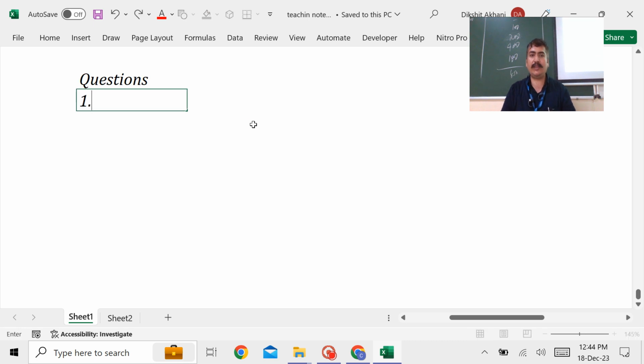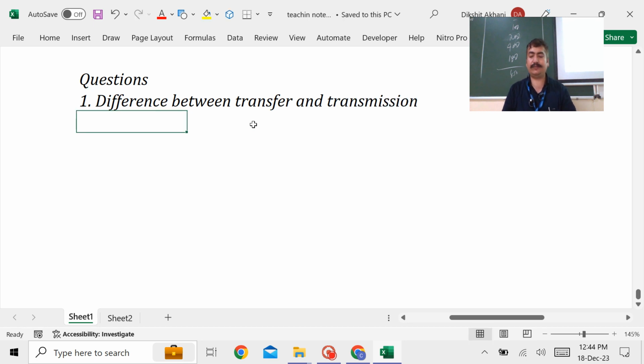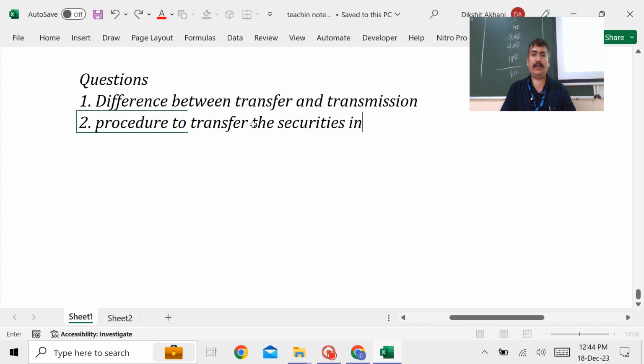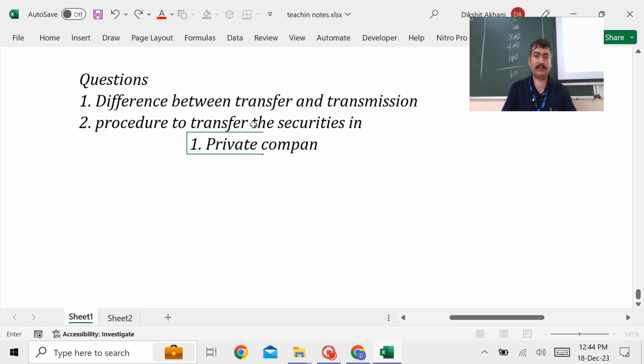First question: difference between transfer and transmission. This will be asked first. Second, procedure to transfer the securities in a private company, in a public company.